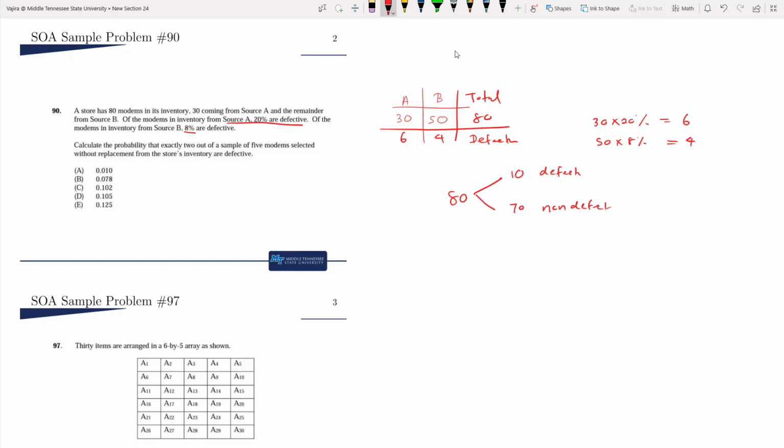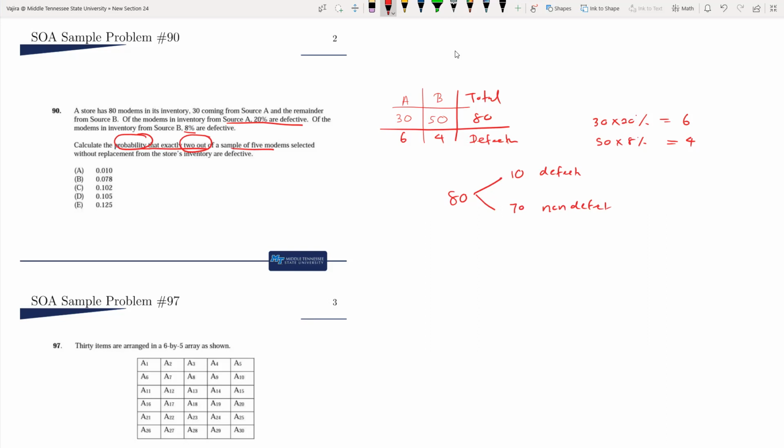So now the question asks for the probability that exactly 2 out of a sample of 5, selected without replacement from the store inventory, are defective. So what's the probability? The question is about probability. Remember that there is no order for this one. I mean, we cannot distinguish between defective items.